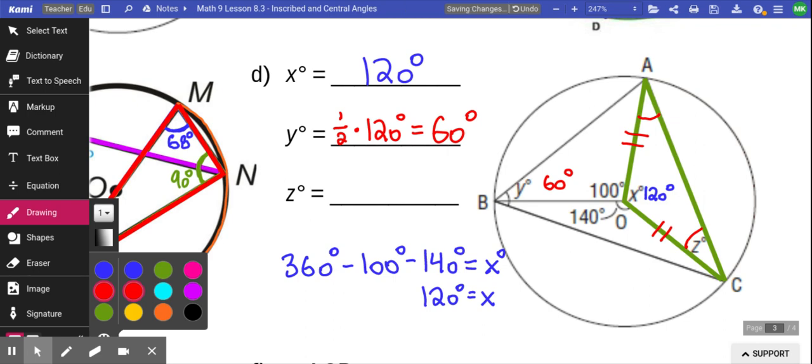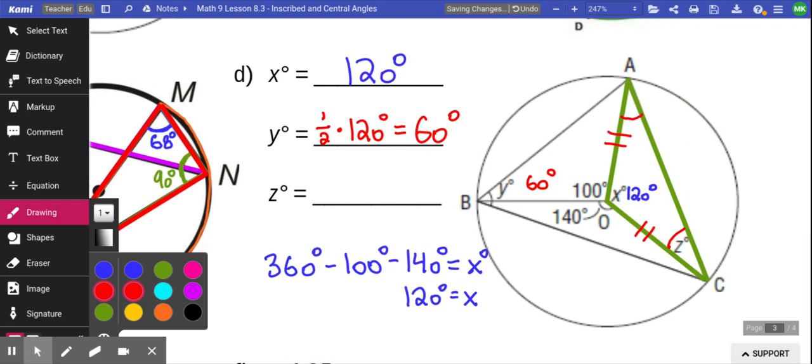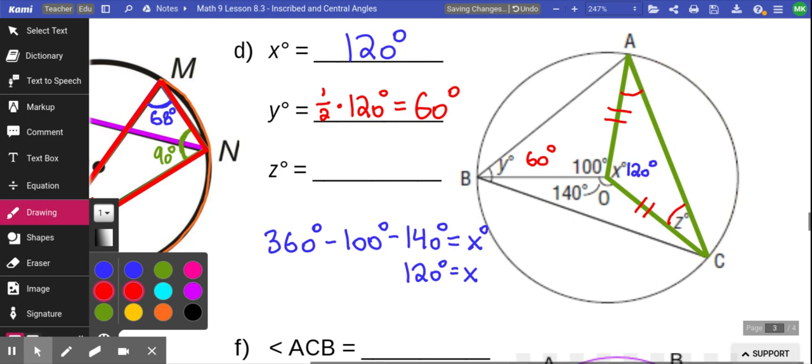I also know that all the angles in this triangle should equal 180 degrees. So if I took 180 degrees and subtracted the 120 degrees that I know, the other two angles must be 60 degrees when you combine them together.